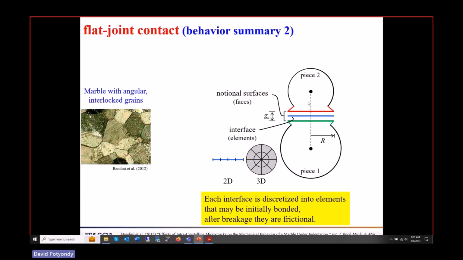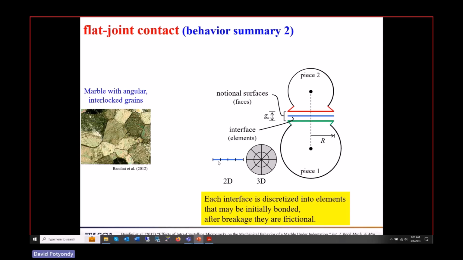So here's the idea. I'm showing this for disks. Here's the top, here's the bottom. Just like the parallel bond, think of this as a surface glued to this. There's a green surface glued to this. They move with these guys. We can think of this as an interface now. This interface itself is going to be discretized into elements.